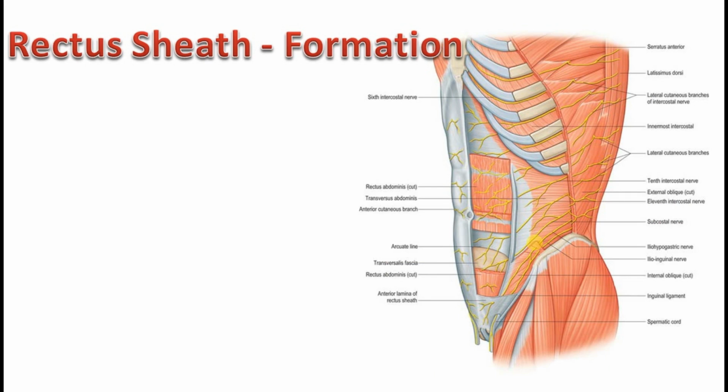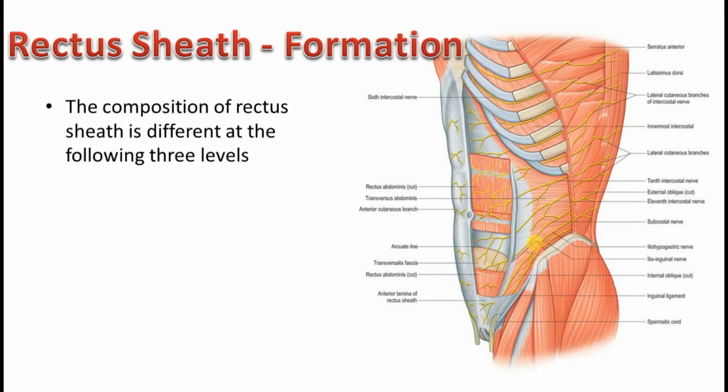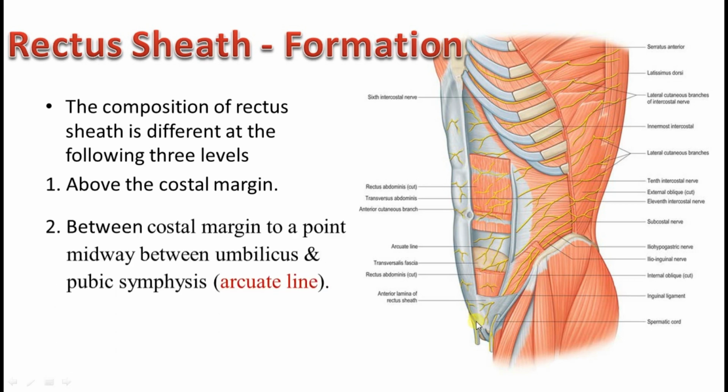Now, the formation of the rectus sheath is different at various levels, and it is discussed mainly at 3 levels. Okay. First, above the costal margin: how the anterior wall and the posterior wall are formed above the costal margin. Then from the costal margin down to a level midway between the umbilicus and the pubic symphysis.